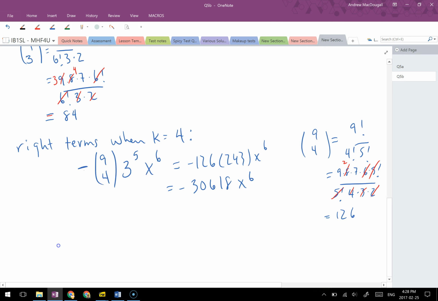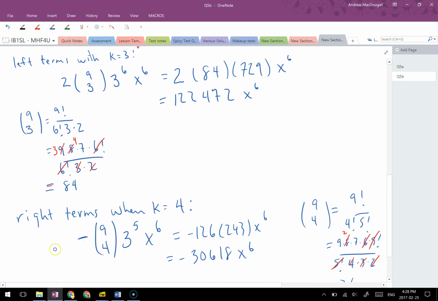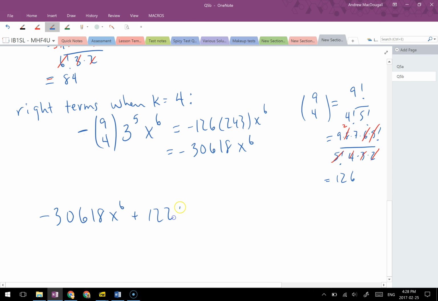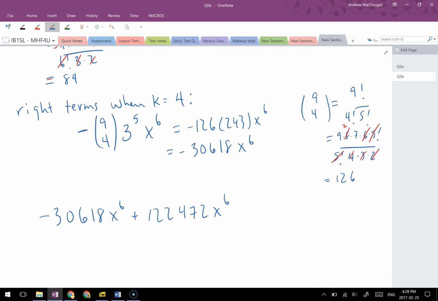Okay, so let's see what we get. We get the one on the right, and the one on the left is 122,472. We're going to have a term that looks like this and a term that looks like this in our expansion. So we can add those together. I'll do this on my calculator so I don't make a mistake. Negative 30,618 plus 122,472 is 91,854 x to the 6.